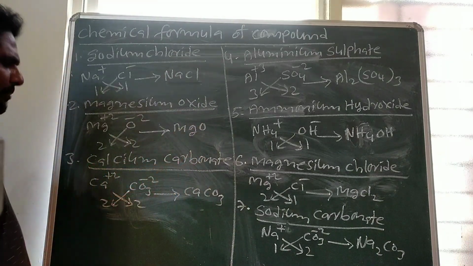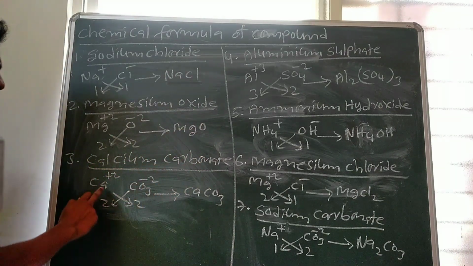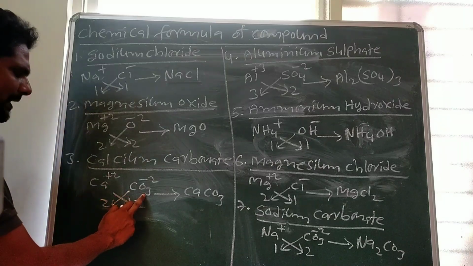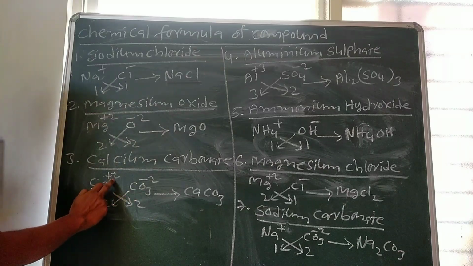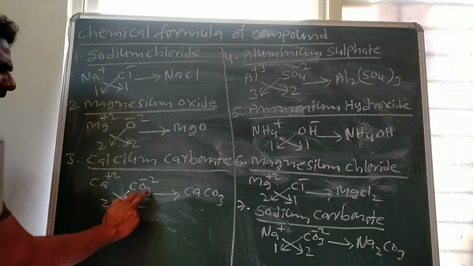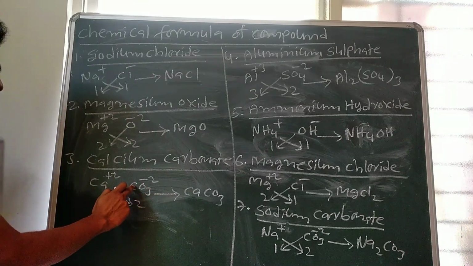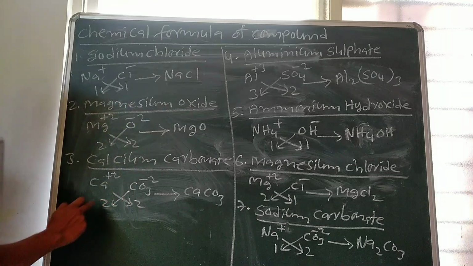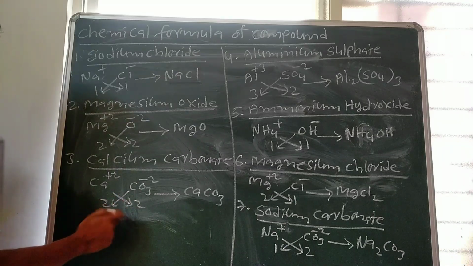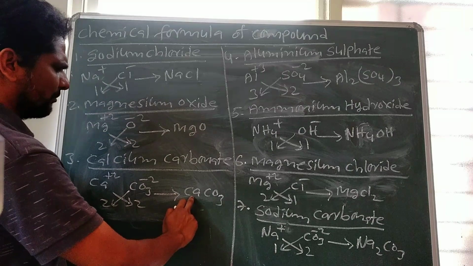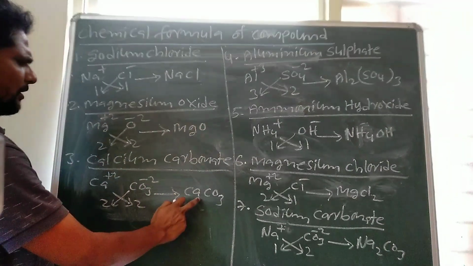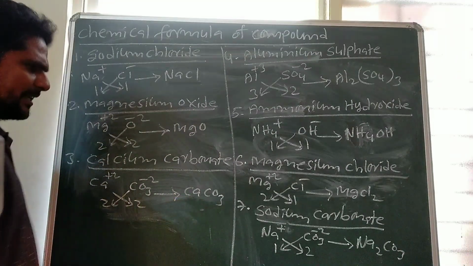Formation of calcium carbonate. Calcium carbonate consists of calcium radical and carbonate radical. Charge on calcium radical 2, charge on carbonate radical 2. The charges cancel to form CaCO3. So the molecular formula of calcium carbonate is CaCO3.